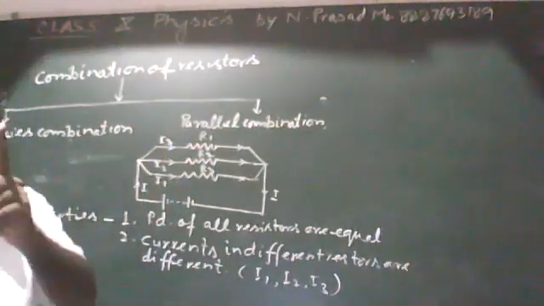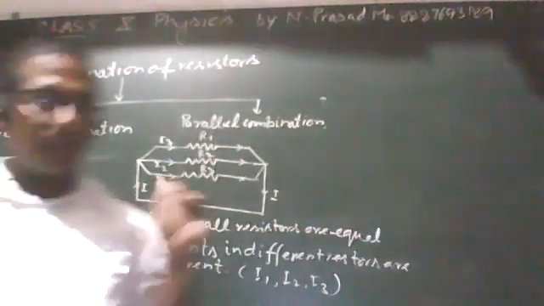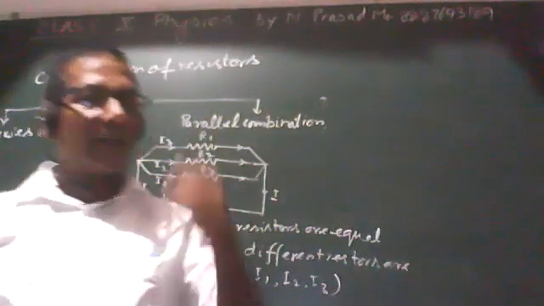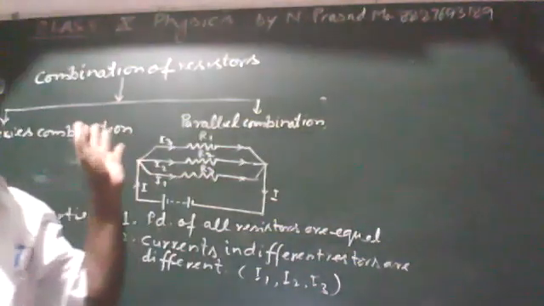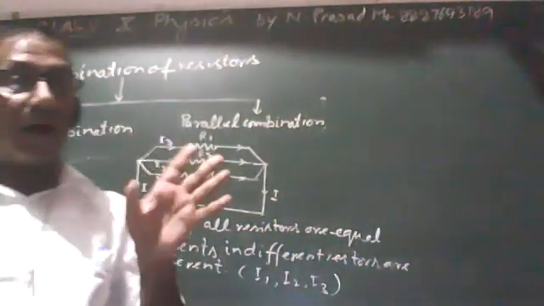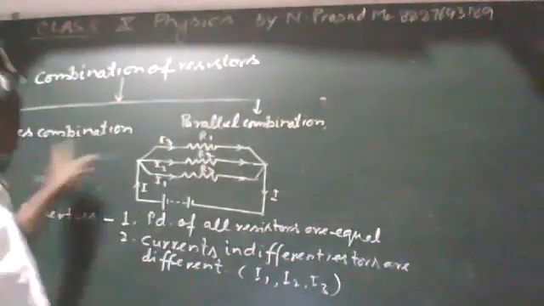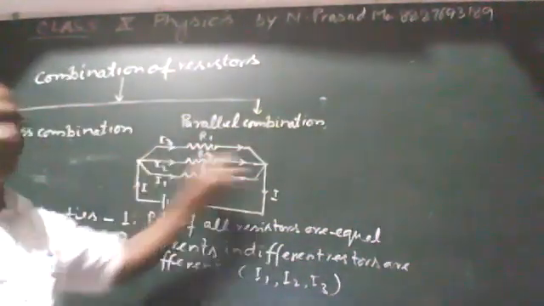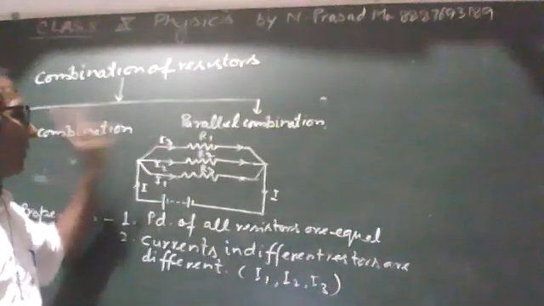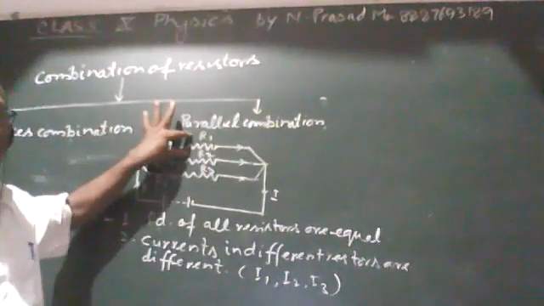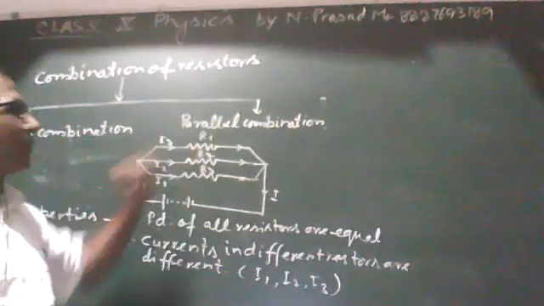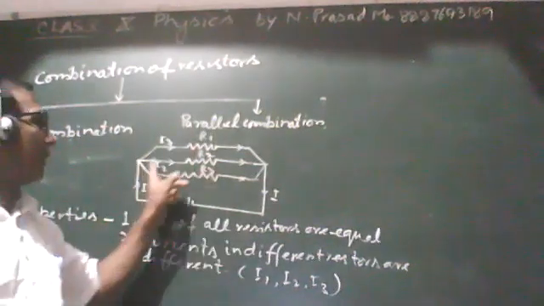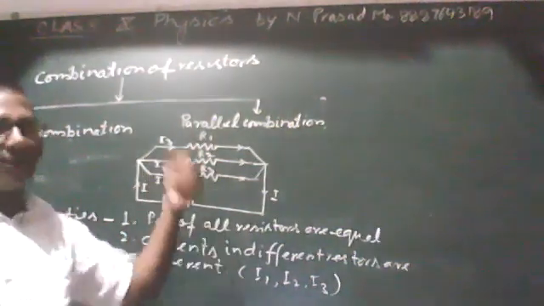In series combination, if one resistor is broken, the circuit is broken, then all resistors will not work. All resistor supply will be cut. But here three paths are there. If one bulb is fused, then the supply to the other two bulbs will continue.